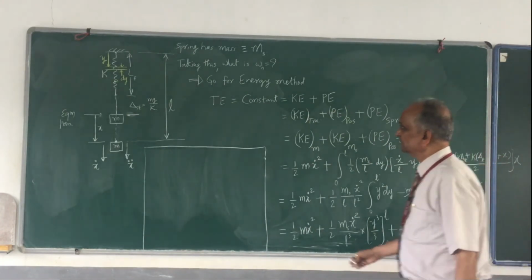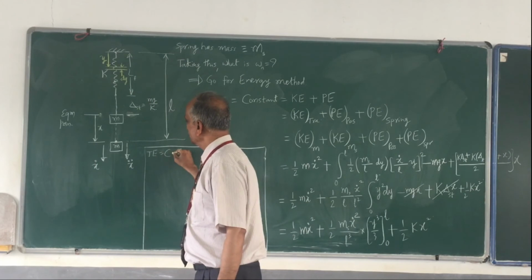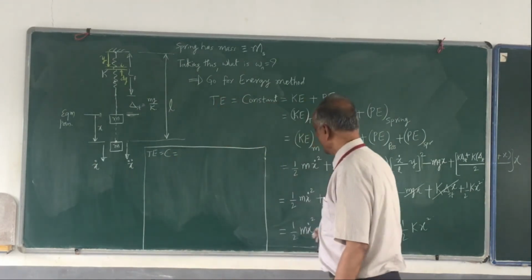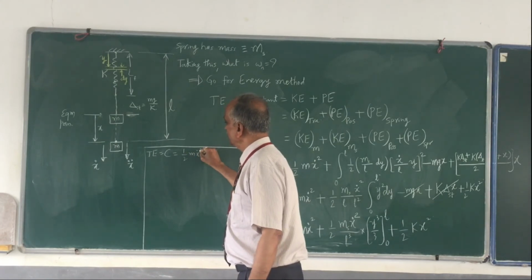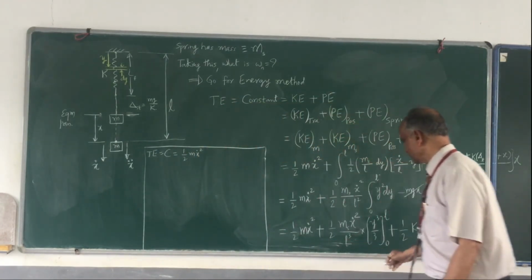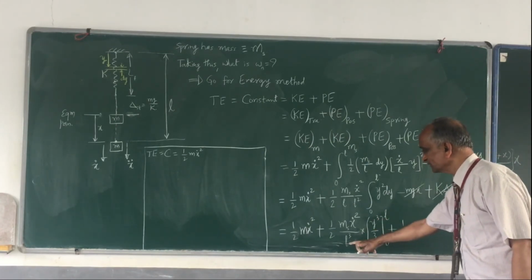The left hand side is the total energy, which is constant C, equal to half m into x dot square plus this term. Substitute L cube by 3, L cube cancels.